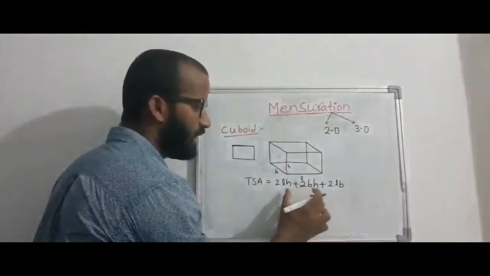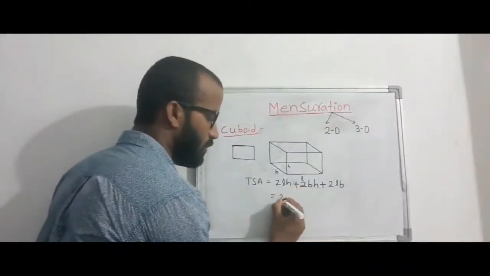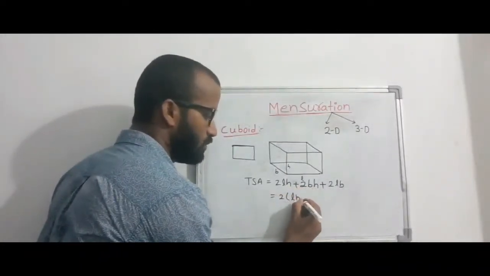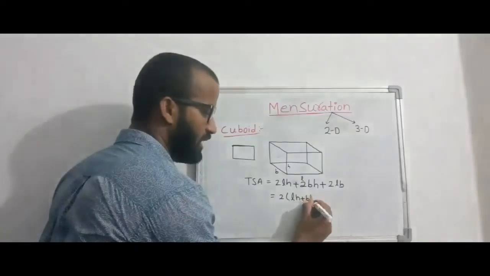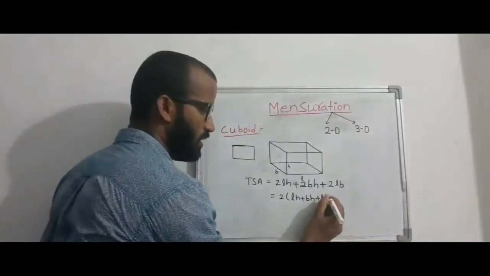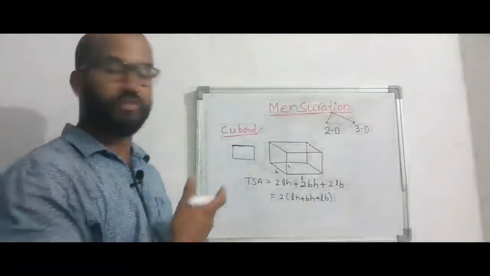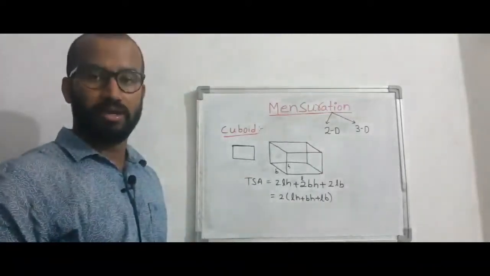If I take 2 common in all these 3 terms, I get 2(LH plus BH plus LB). This is the total surface area of a cuboid.